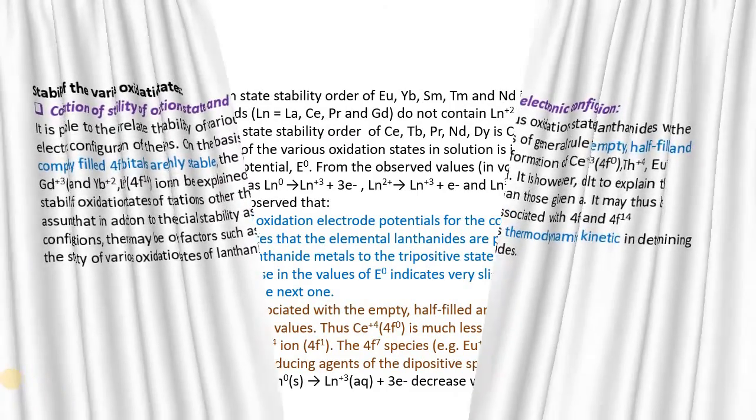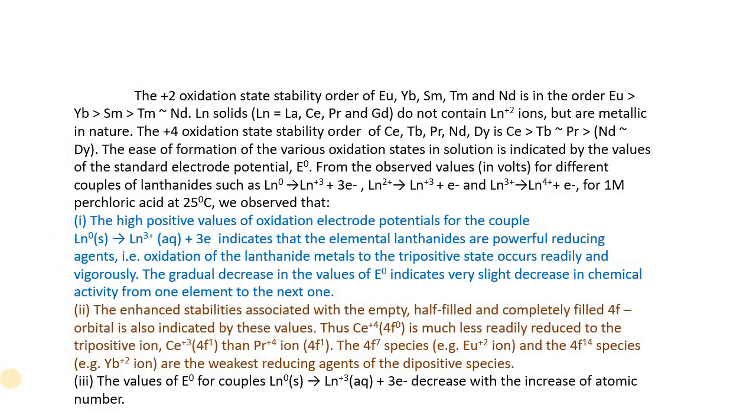Now, the oxidation state can be related to the electrode potential values. The electrode potential means the tendency of a species to give or gain electron. The species which gives electron is self-oxidized and it reduces others, so it is called a reducing agent.